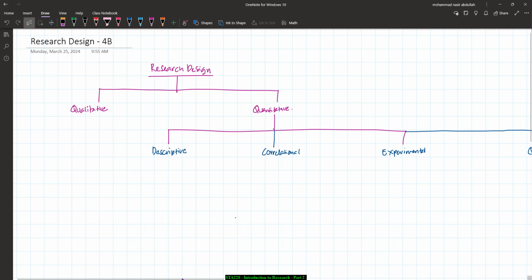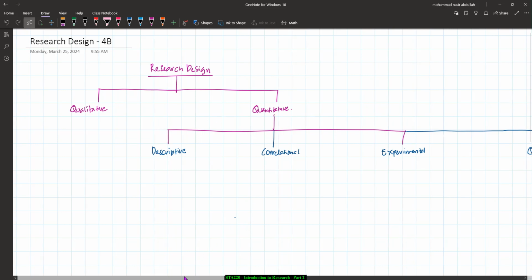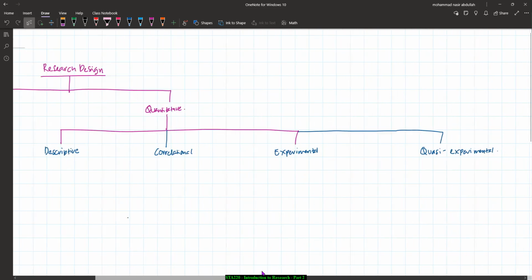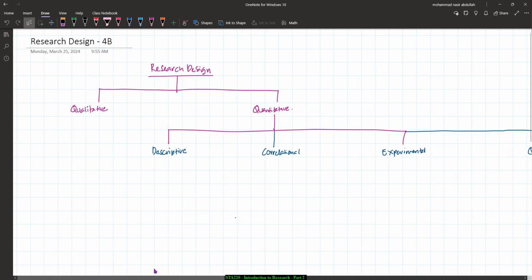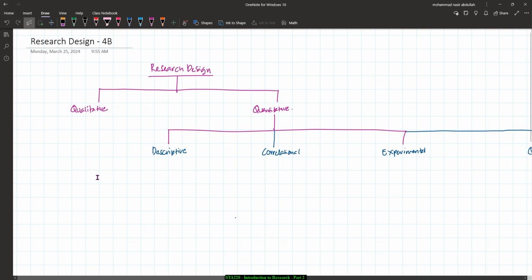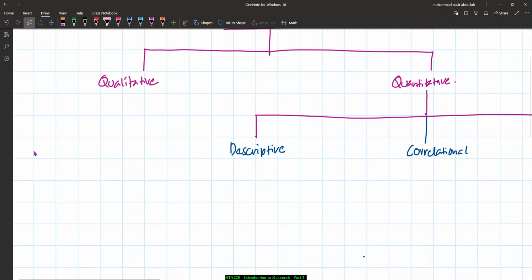So since we're going to look into numerical data, we will discuss more on quantitative. But however, I just want to inform you about how many research designs are available for qualitative, but I'm not going to discuss this thoroughly. It's enough we know what research designs are available.